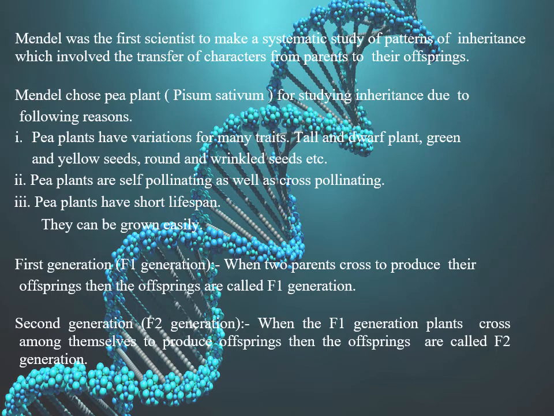That is the first generation, or first filial generation. And what is the second generation, or F2 generation? When the F1 generation plants cross among themselves to produce offspring, those offspring are called the F2 generation, or second filial generation, or second generation.